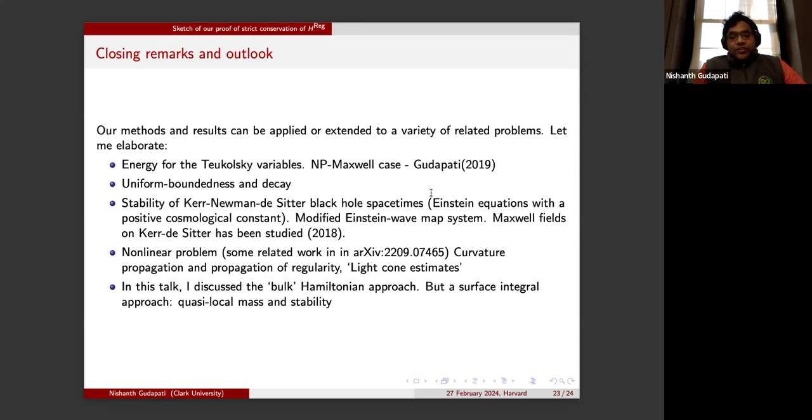But there's a school of thought that originally goes back to Regge and Teitelboim, I think, who established a certain surface integral approach to the Einstein equations.